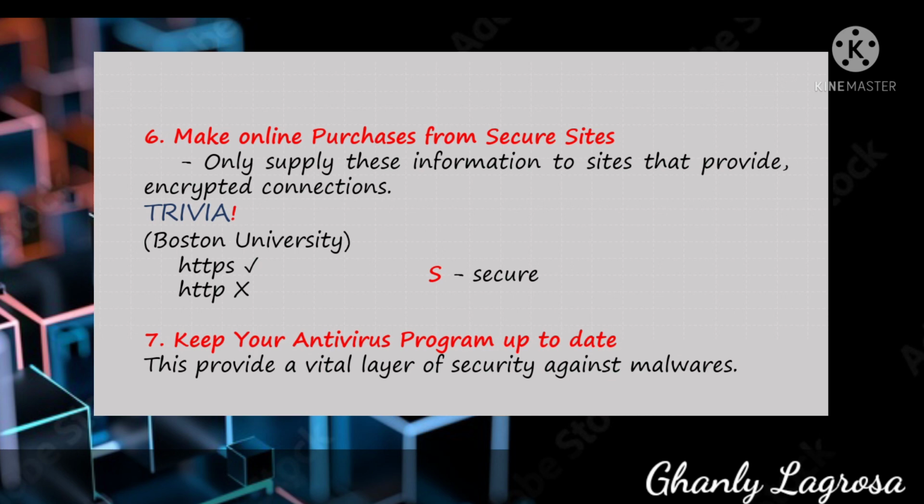According to Boston University, you can identify secure sites by looking for an address that starts with HTTPS rather than simply HTTP, where S stands for secure. They may also be marked by a padlock icon next to the address bar.